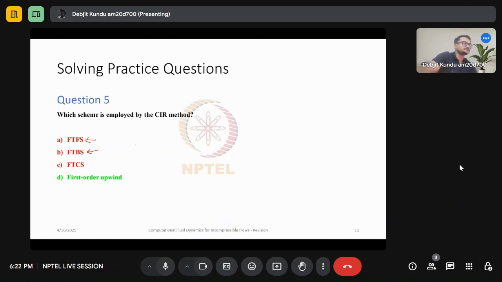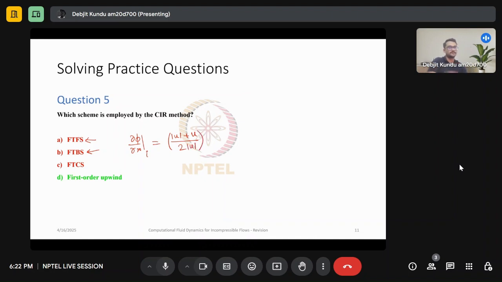So what the CIR method does is, let's say you're trying to evaluate dou phi dou x at a certain point, let's say point I, then you can simply write it as mod u plus u divided by 2 mod u.